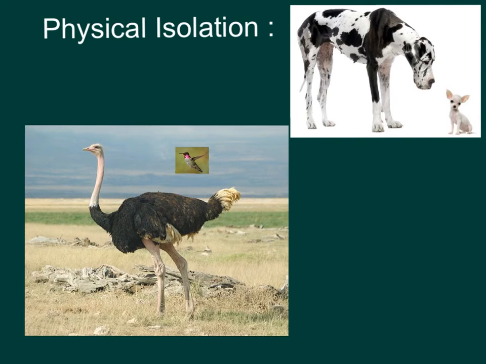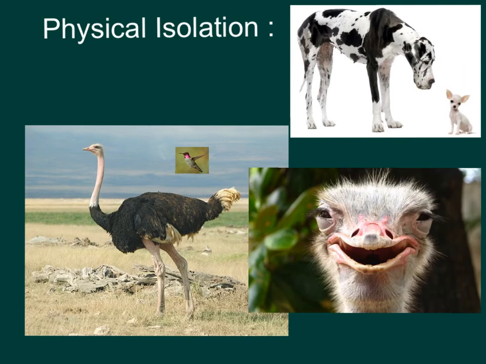We would call that physical isolation. The parts just don't fit. And if you don't know what I mean by plumbing and parts, the joke just may be on you. Ask your parents. Let's move on now.